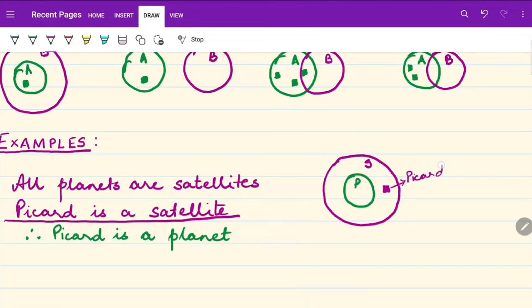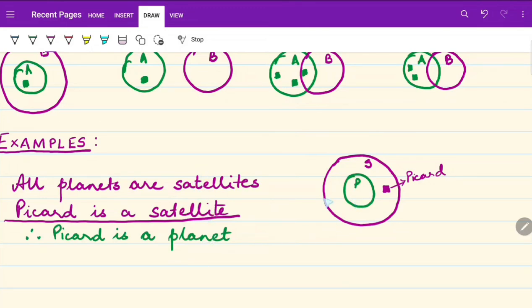But it's not within the circle of planets, because nowhere in the premises is it mentioned that Picard is also a planet, correct? So you have to draw that within the circle of satellites, but not within the circle of planets. All right, so that completes the Euler diagram for the first two premises.